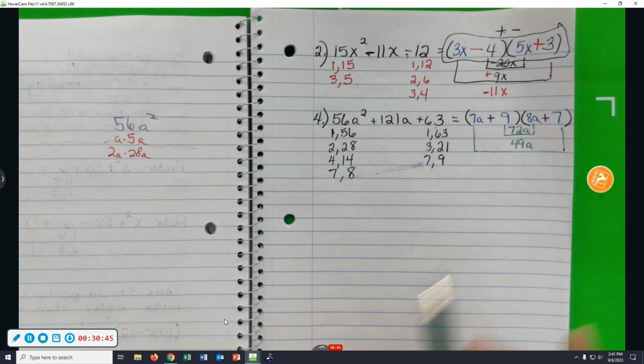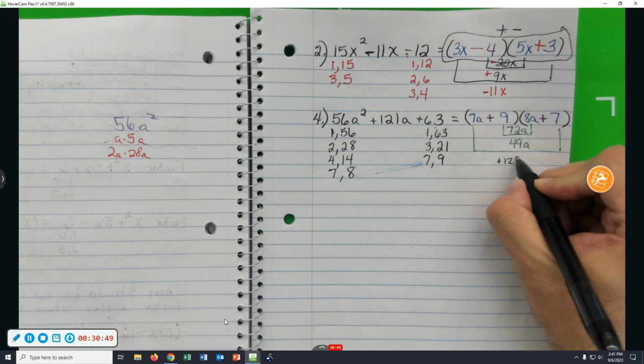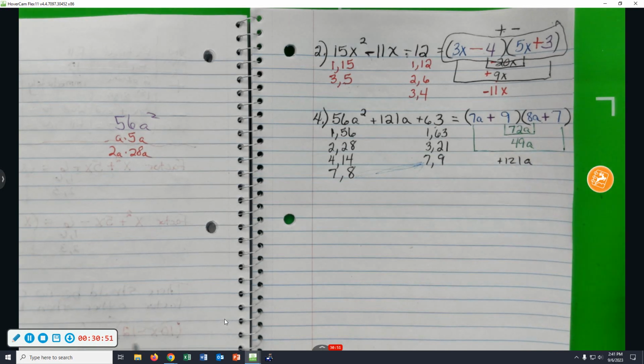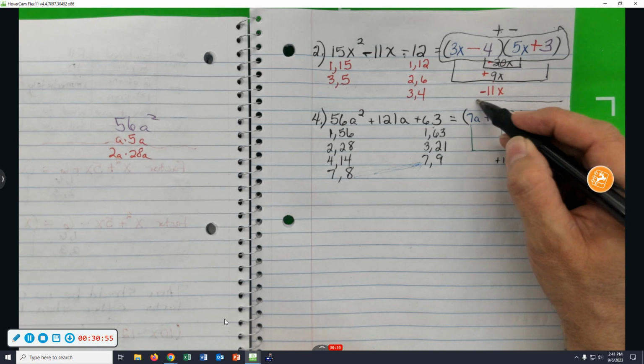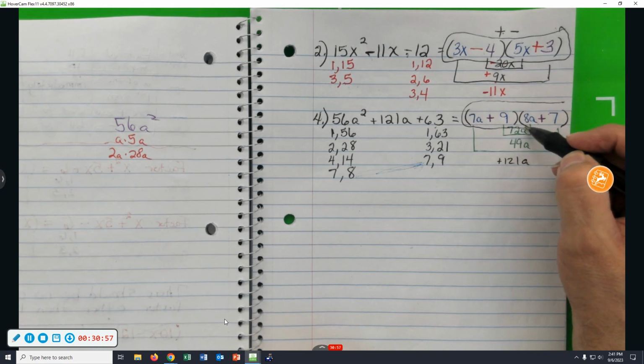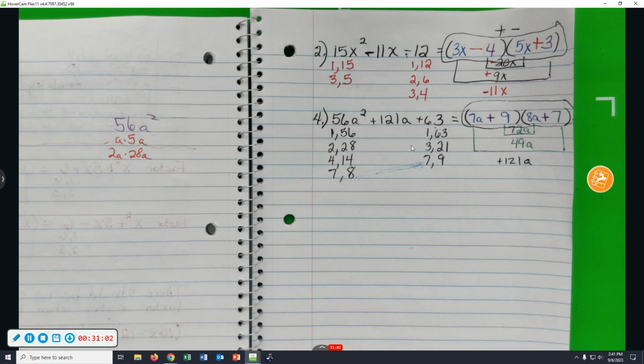Do those combine to give a positive 121a? Yeah, I think it did. Okay. We're just getting lucky here, beginner's luck. There'll be some where that 7 and 9 doesn't work. So we'll wind up trying the 3 and the 21. And it won't work. Maybe we'll have to go back to the 1 times 63. But here for these first few, any questions there?